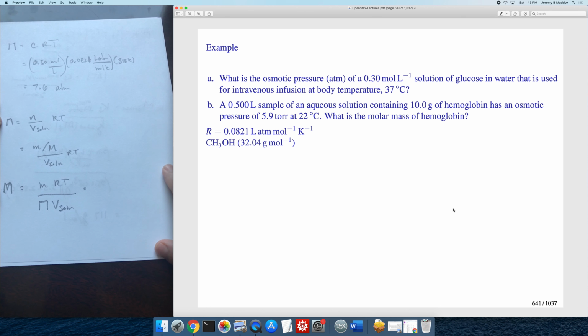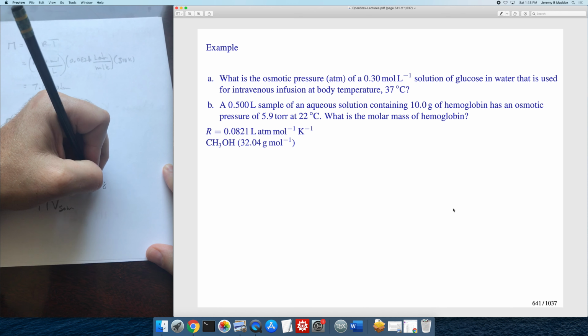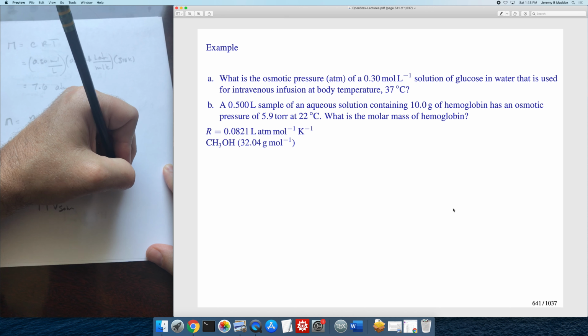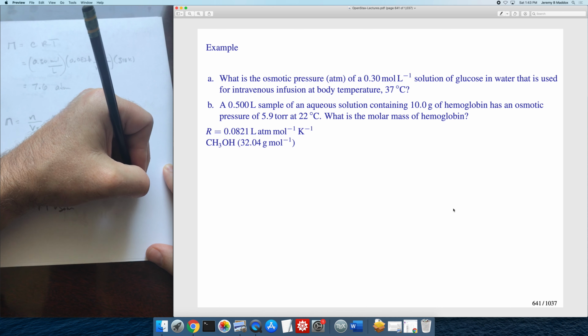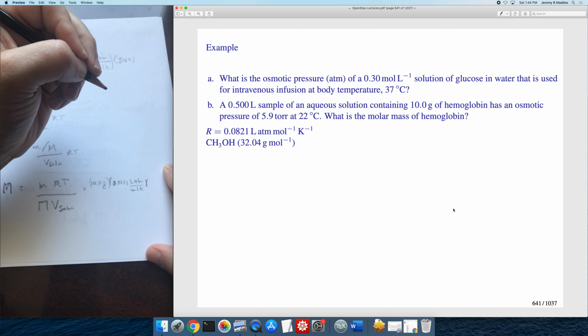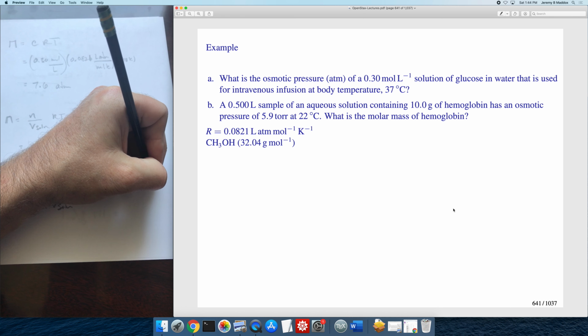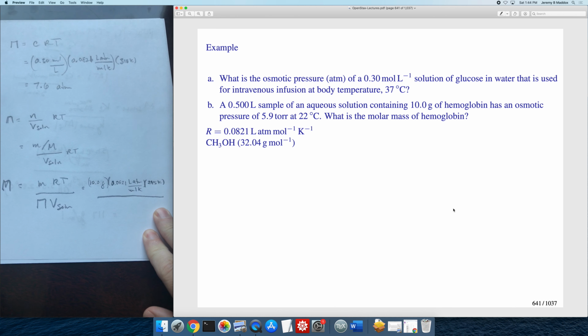And so putting in these numbers here, we've got 10.0 grams of hemoglobin, 0.0821 liter atmospheres per mole Kelvin, 22 degrees Celsius, getting 295 Kelvin. Divide that by the osmotic pressure.